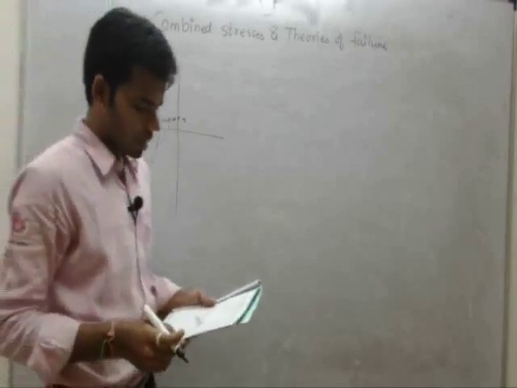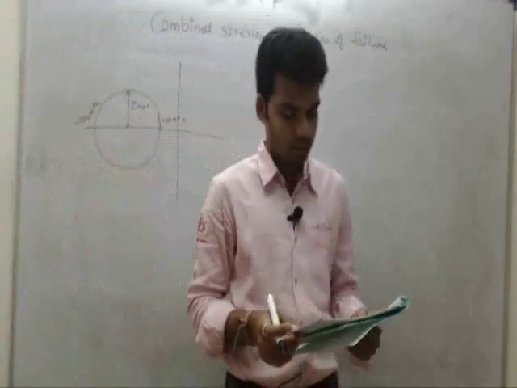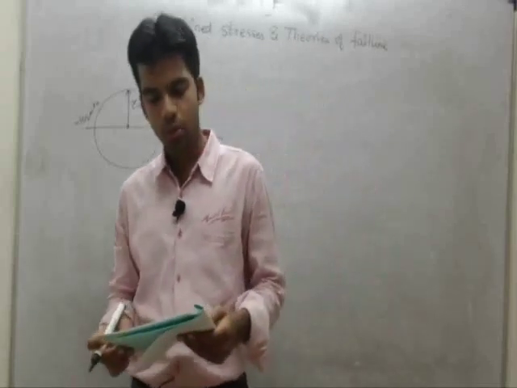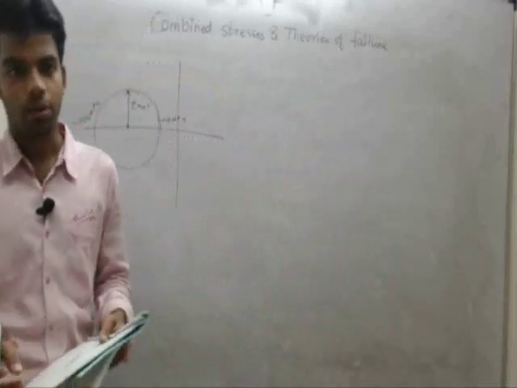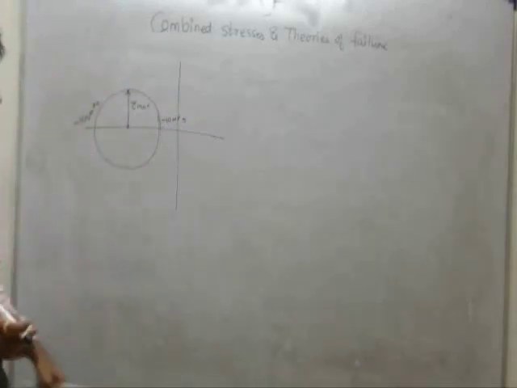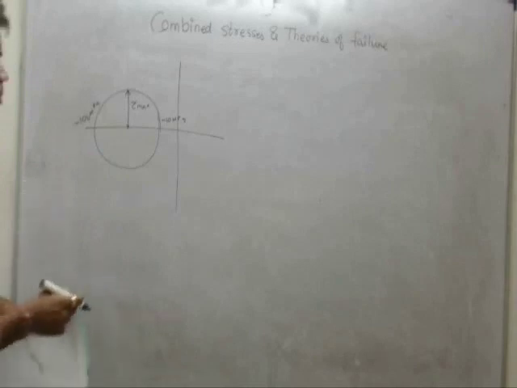Okay, we have to design it on the basis of maximum shear stress theory for yielding. The yielding just begins if the designer chooses a ductile material whose yield strength is... We have to determine the final yield strength of the material. Okay, so how can we determine? This tau max will be equal to what?